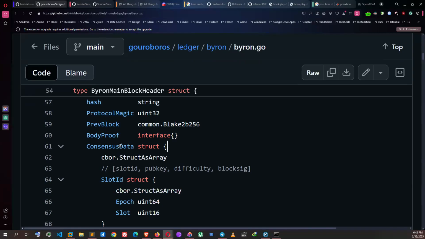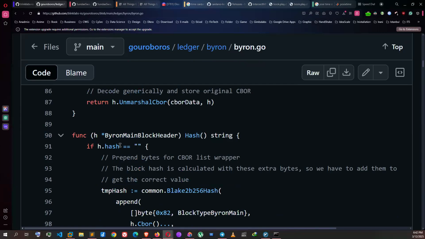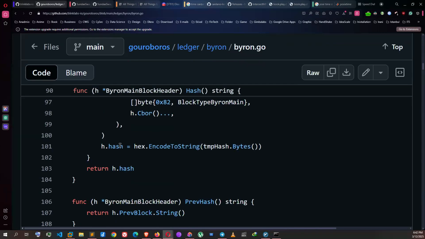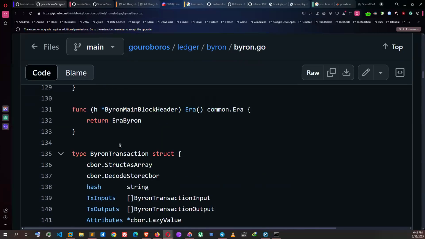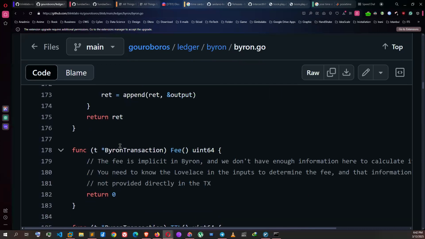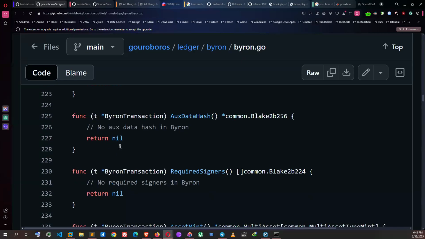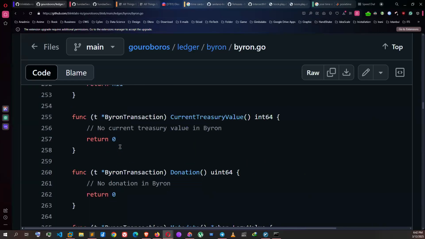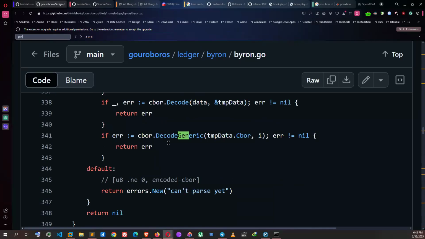So anyway, if you scroll way down in here somewhere, there's the Genesis config, Genesis Byron transaction. Keep going. Transaction type: hash, inputs, outputs, fee, TTL, validity, reference, collateral, withdrawals. The interface has a big surface now. Keep going. Decode generic Genesis.